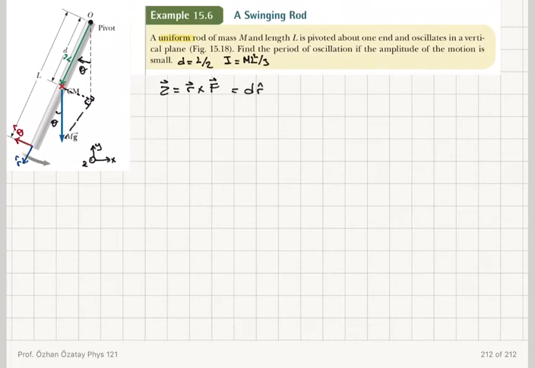Okay, so the torque I'm going to calculate here is r cross F. It's the d in r hat cross with the component perpendicular to the r vector, that is mg sine theta in minus theta hat direction.